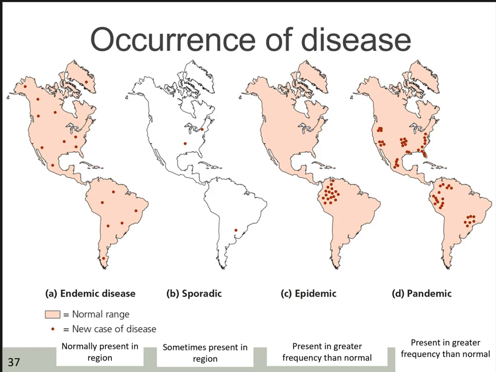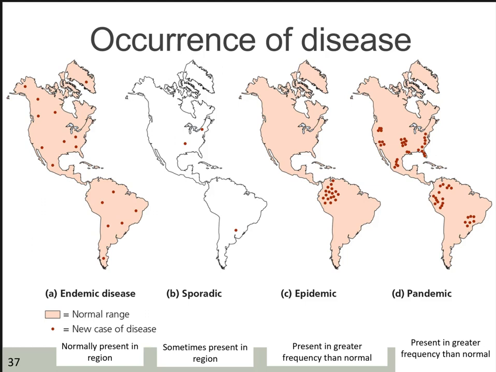So, for example, the Four Corners is endemic for plague. Plague can commonly be found in the Four Corners here in the United States. It's a normal range. A new case of that disease is commonly found during certain times of the year. The official designation is a disease that's normally present in a particular region.